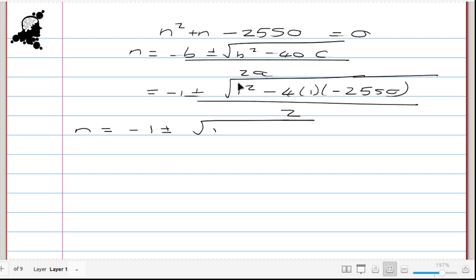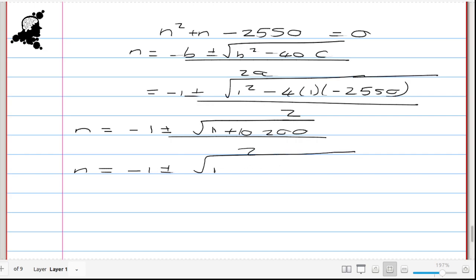So 2550 times 4, that's going to give us, this is 1 plus 10,200. Interesting numbers divided by 2. So n is equal to negative 1 plus or minus the square root of 1 plus 10,200, which is 10,201, divided by 2.